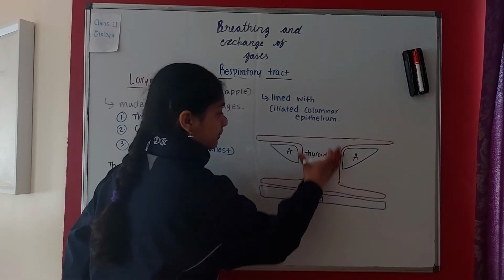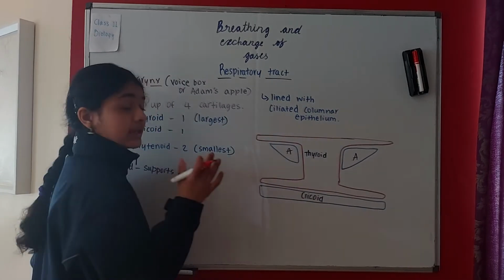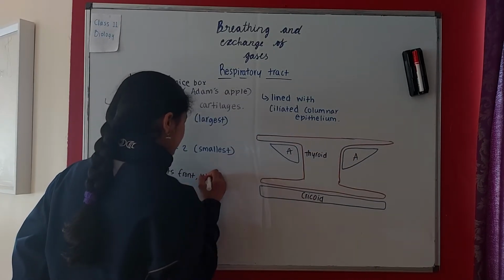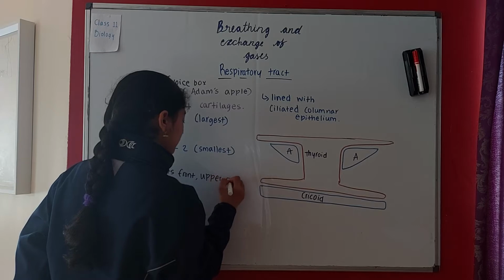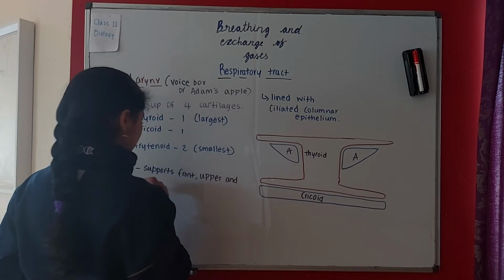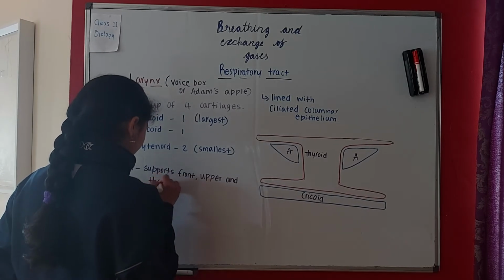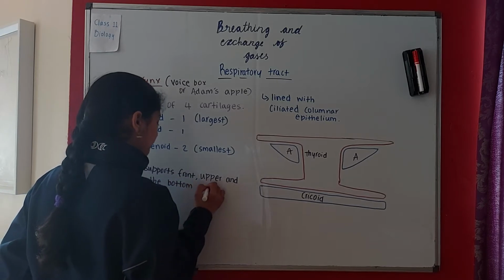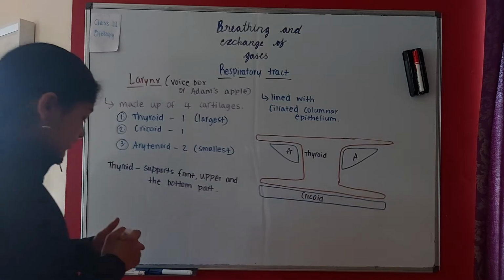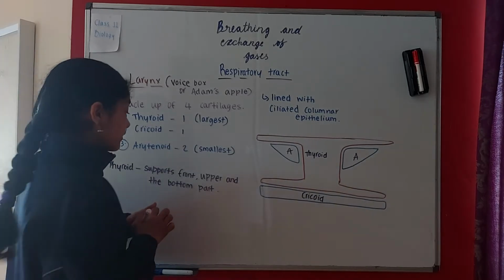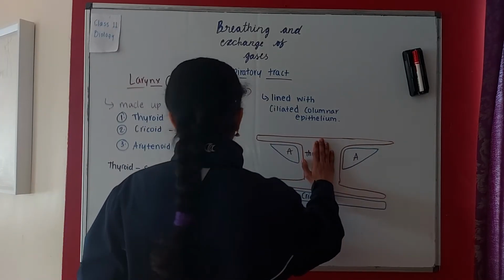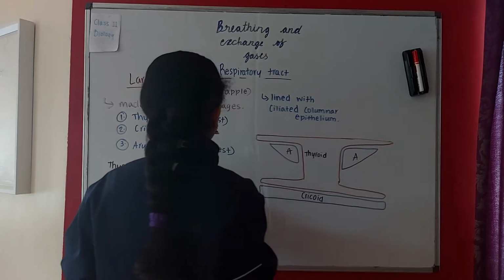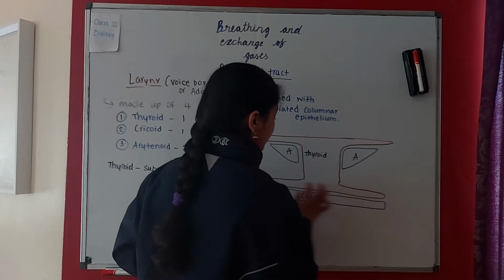This is the front part of the larynx, the upper part of the larynx, and the lower or bottom part of the larynx. As you can see in the structure here, this is the front of the larynx, this is the upper part, and this is the bottom part of the larynx.